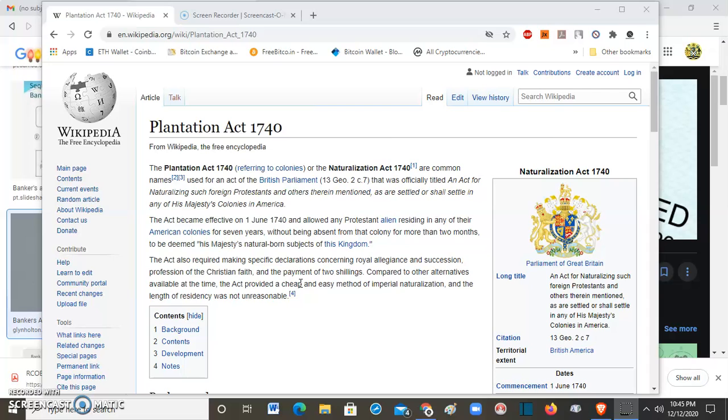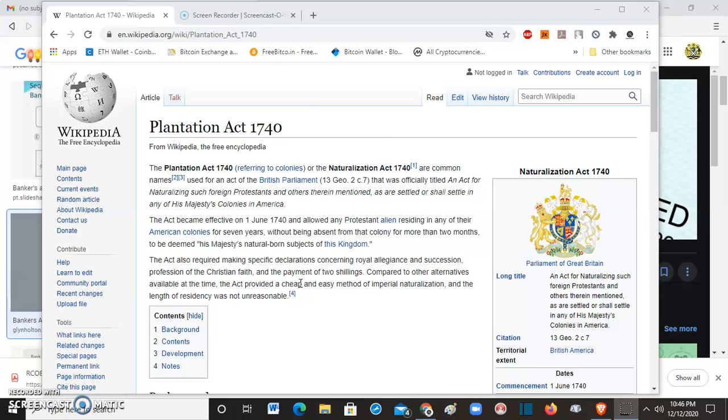It was officially titled an Act for naturalizing such foreign Protestants and others therein mentioned as are settled or shall settle in any of His Majesty's colonies in America. As I broke down before, America at that time was known as British America, prior to the Reconstruction era.